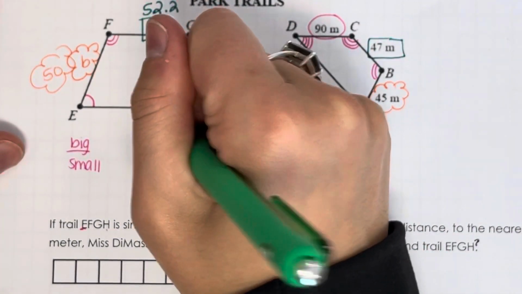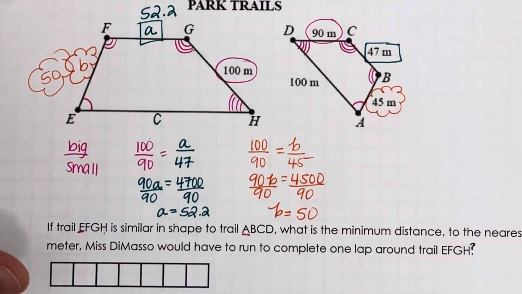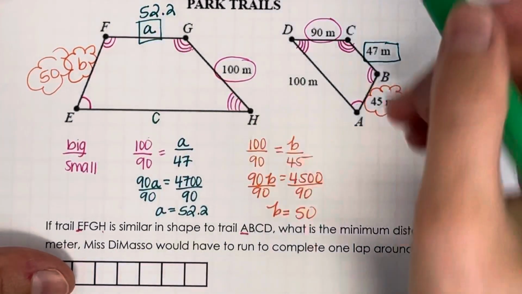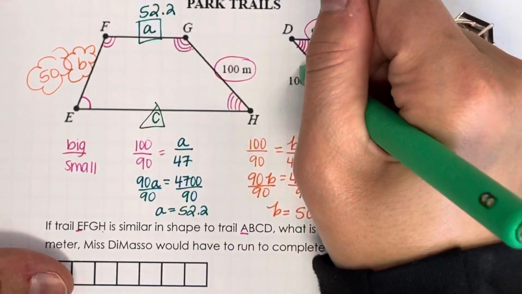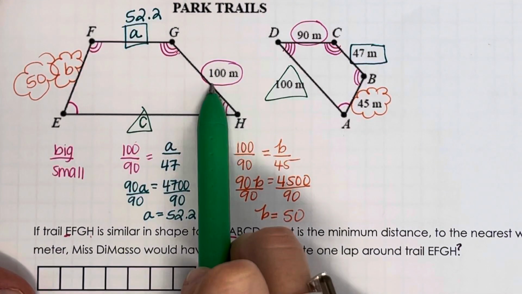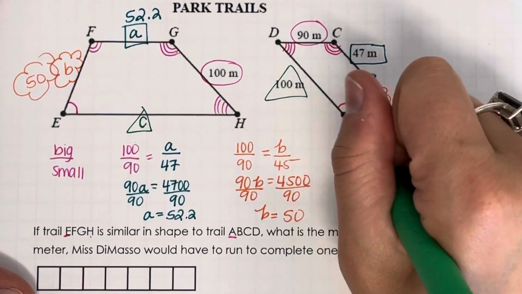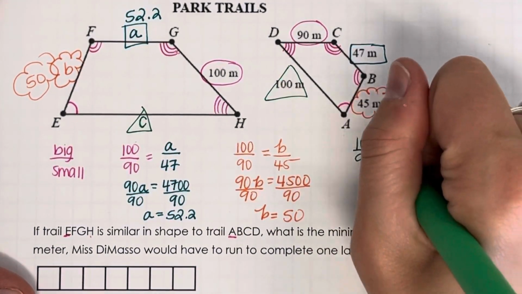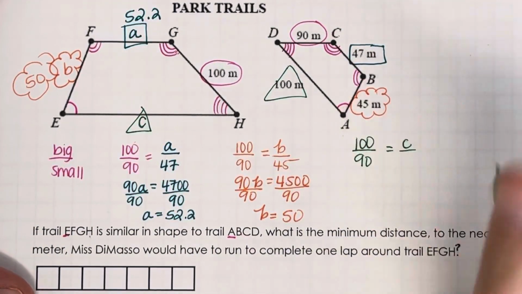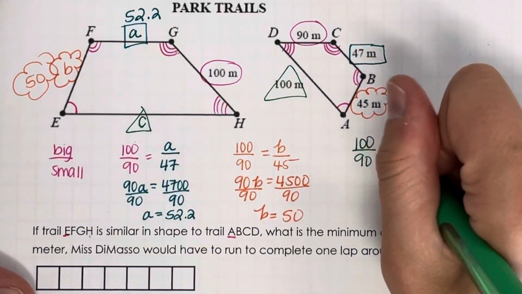Put a C down here. Okay, and obviously this one's between 1 and 4, so it's the last one that's left over here. So this one is going to match up with the 100. So the last step is I'm going to keep my 100 over 90 together, because they're in the same position. And then on the left, my big one is this C that I just wrote. And then over here, it matches up with the 100.